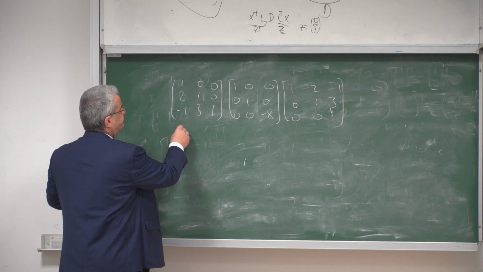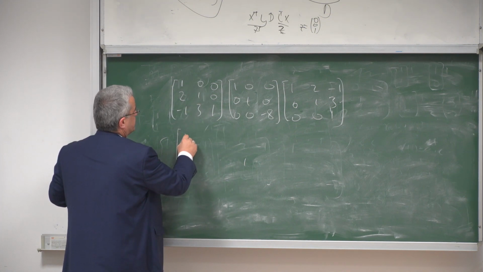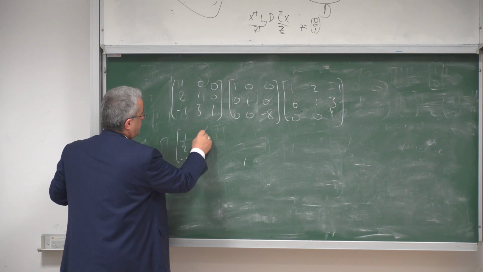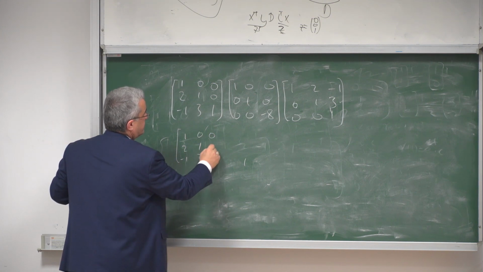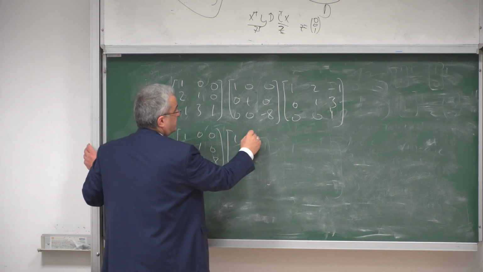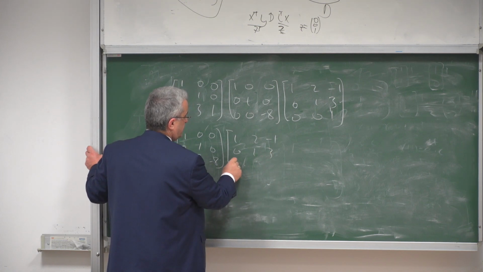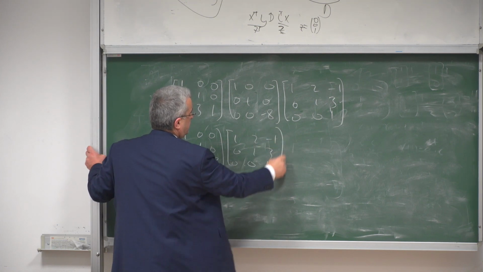So this is the same matrix, except that this is multiplied by minus 8. This is what it means.